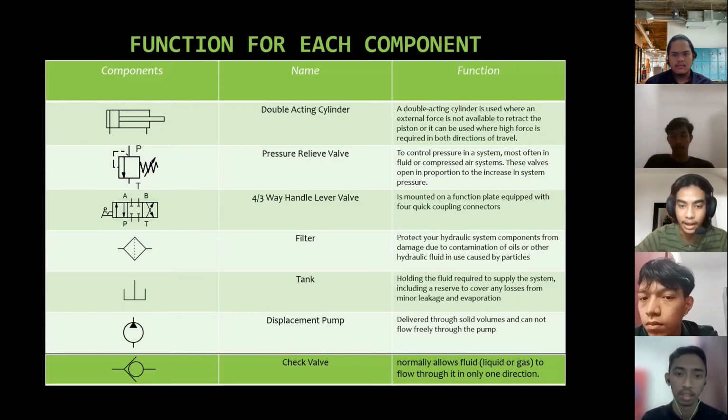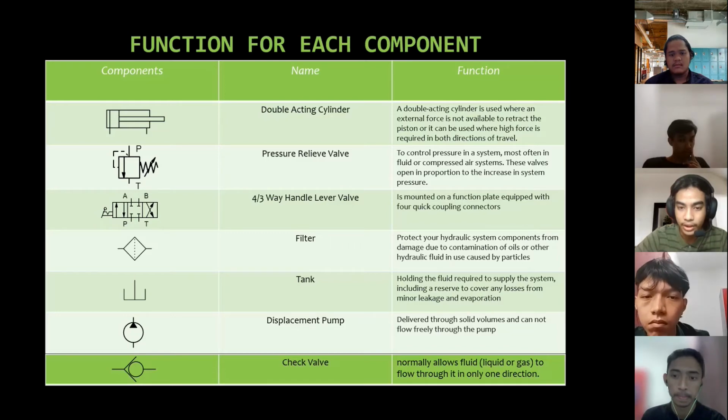Number 5 is the tank, holding the fluid required to supply the system, including a reserve to cover any loss from minor leakage and evaporation. Number 6 is the displacement pump. Delivered through solid volumes, fluid cannot flow freely through the pump. And lastly, the check valve. It normally allows fluid, liquid or gas to flow through in only one direction.